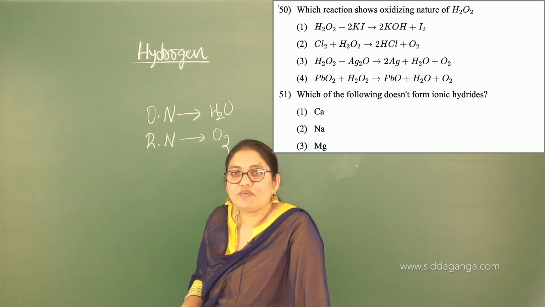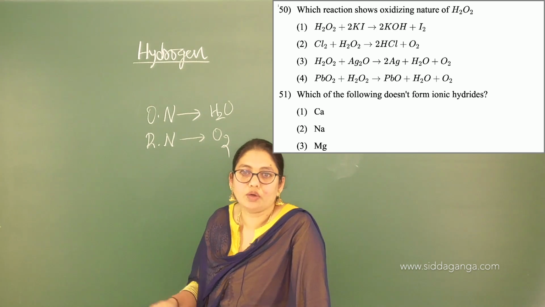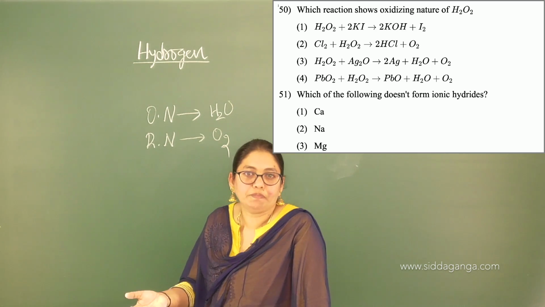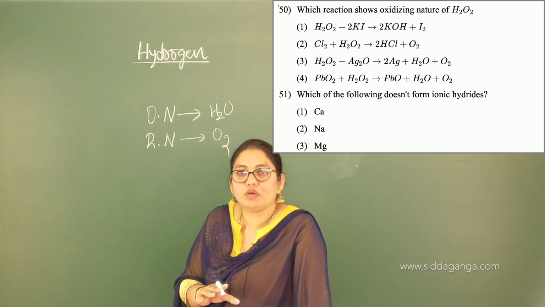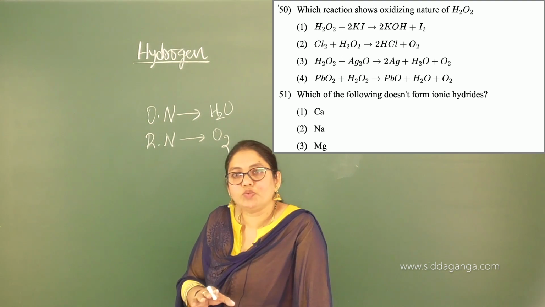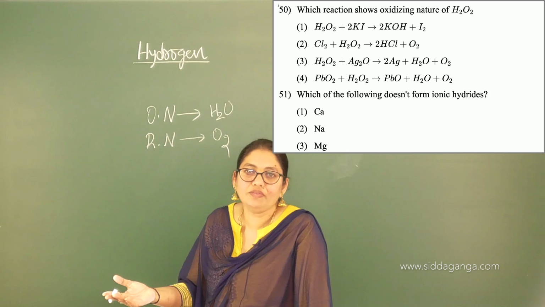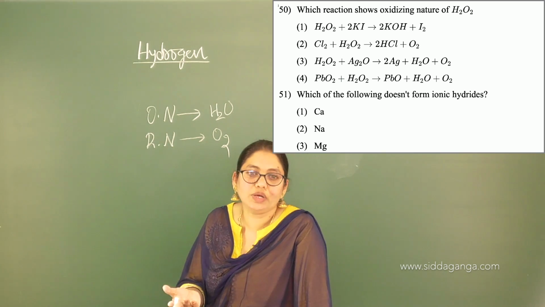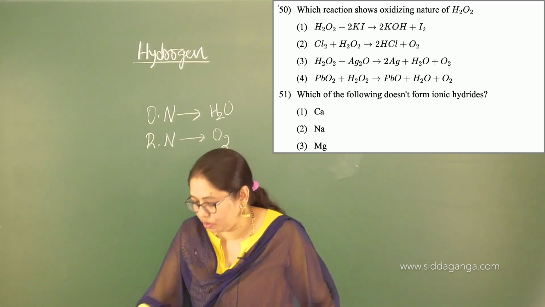There is a formation of iodine. Potassium iodide has been oxidized to iodine, because you can see that minus 1 goes to 0: in KI, iodine is minus 1, and in I2 it is 0. There is an oxidation of potassium iodide to iodine, because the removal of electrons is oxidation. Move on to the next question.